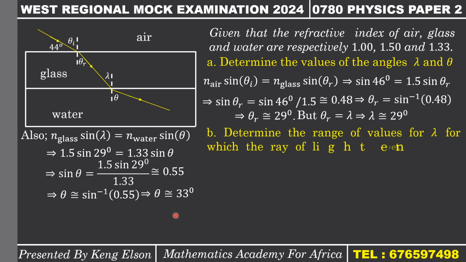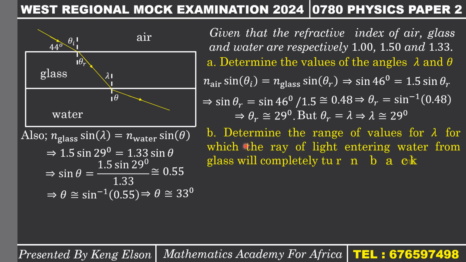Okay, now the second part of the question. Determine the range of values for lambda for which the ray of light entering water from glass will completely turn back into glass. So coming to the diagram, what happens is that this ray of light that is entering from glass to water has to completely turn back into glass.